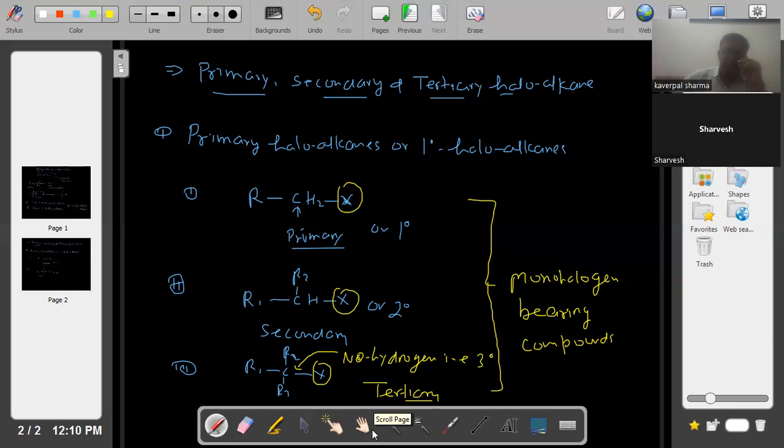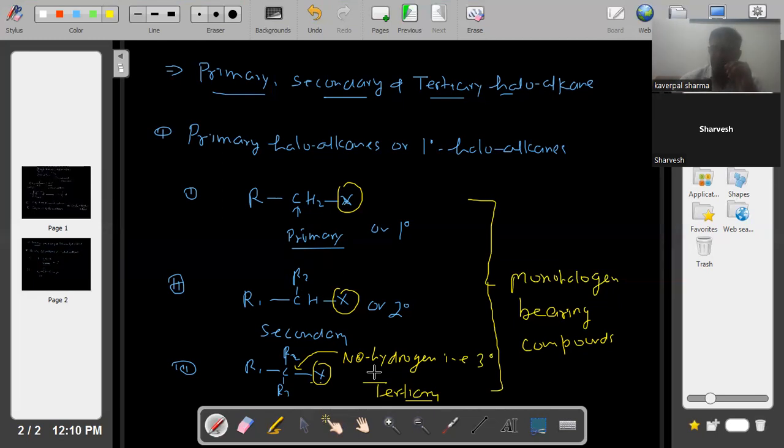These are identified on the basis of the carbon linked with halogen: two hydrogens, primary; one hydrogen, secondary; and no hydrogen, tertiary.